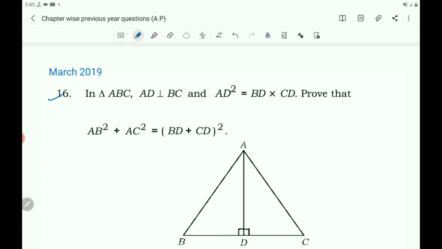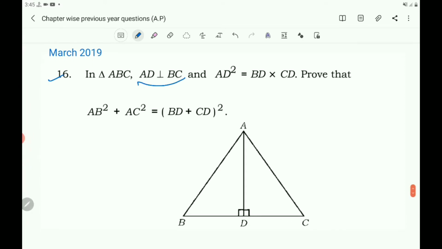In triangle ABC, AD perpendicular to BC, AD square is equals to BD into CD. Prove that AB square plus AC square equals BD plus CD whole square. So here what is given?